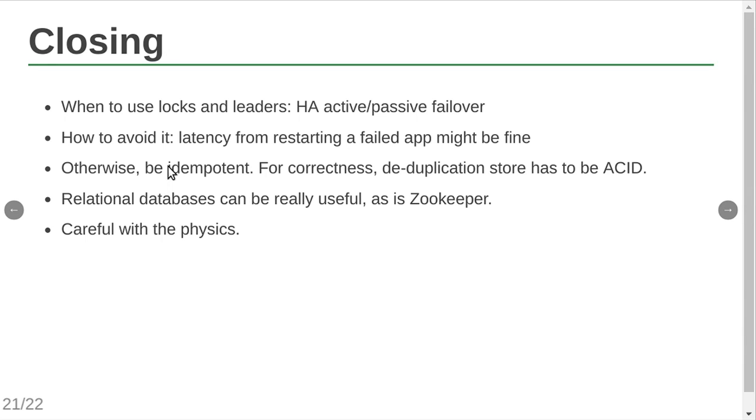And that data store, if you follow through the logic, has to be consistent, for one thing. So in the CAP sense, it has to be a consistent data store, because there's no point asking it if somebody's seen this message when somebody else might be asking somewhere else and get a different answer. So it has to be consistent.